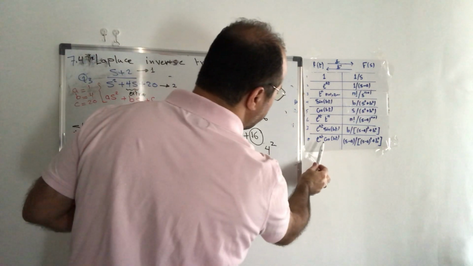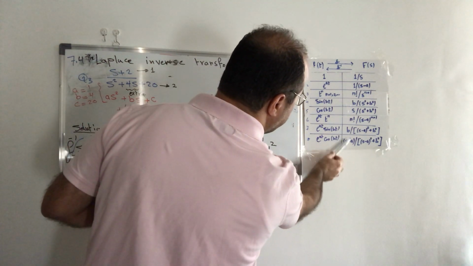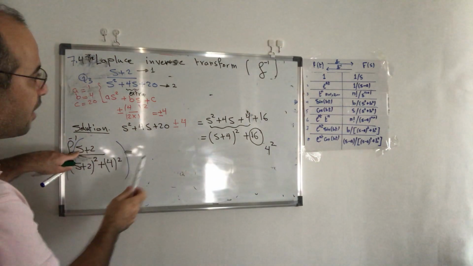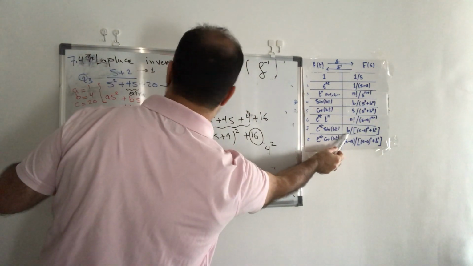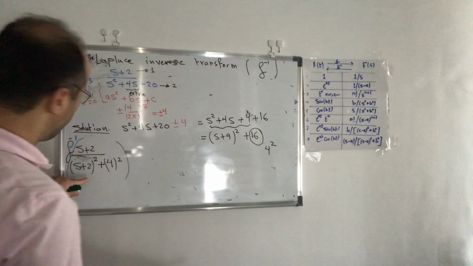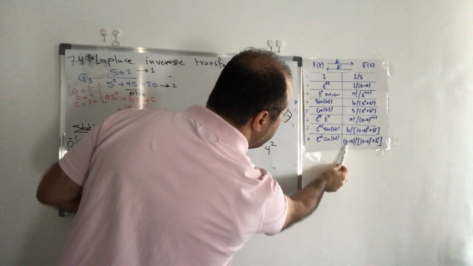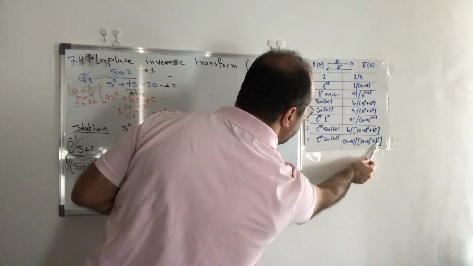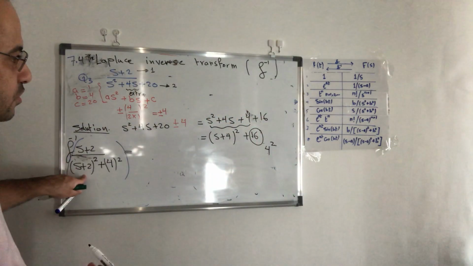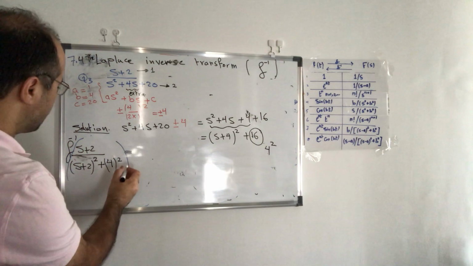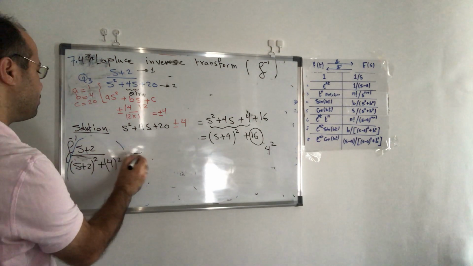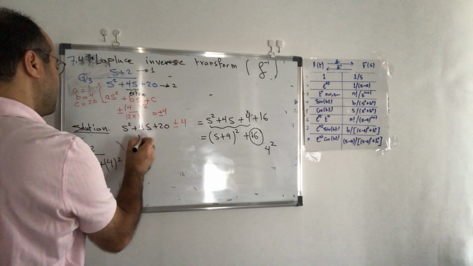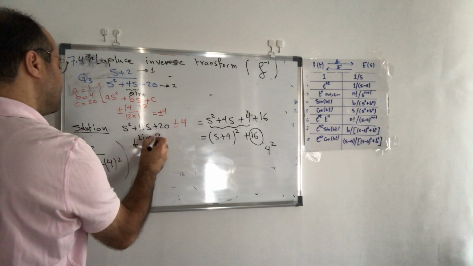In the sine you have a number up, but here you have an s plus 2. But if you look at the cosine, then you have s shifted and squared, plus a number squared. So this is a good one. So you need to compare this with line 8 in the table.